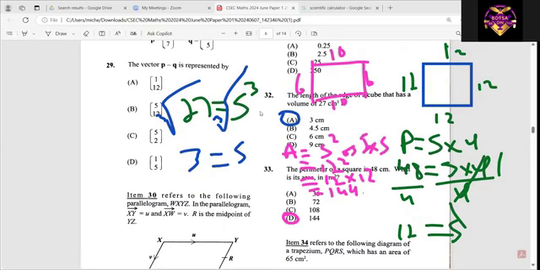Length plus breadth, but that's still not the perimeter. That will not give you the full answer for the perimeter. If you wanted to use a formula, it is 2 lengths add 2 breadths.